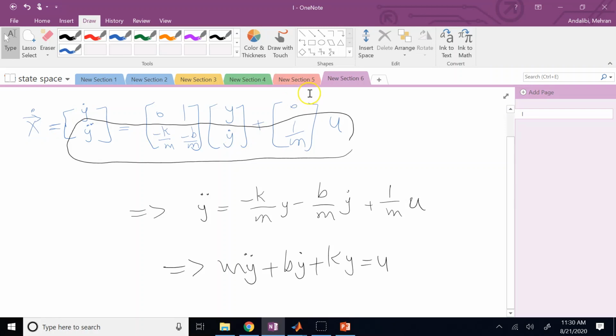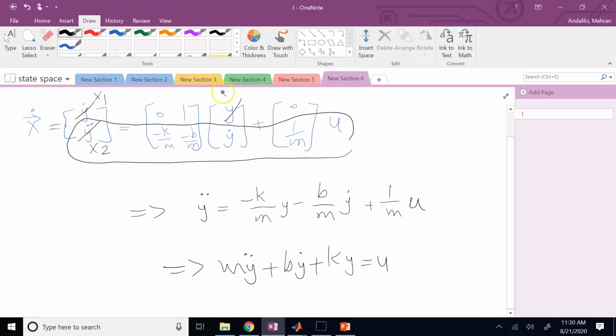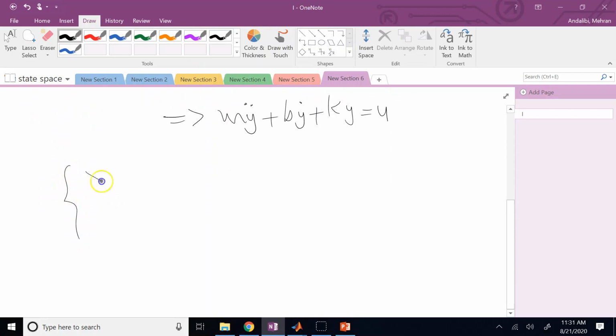Okay, so it's not really hard, but the thing that I mentioned is for the case of calling these, instead of y and y dot, I would call them two dummy variables, x1 and x2. If I call them x1 and x2, then I need to do elimination, because now you have these equations, that x1 dot is x2, and x2 dot, if you expand those, is going to be negative K over M x1, negative B over M x2, plus 1 over M u.